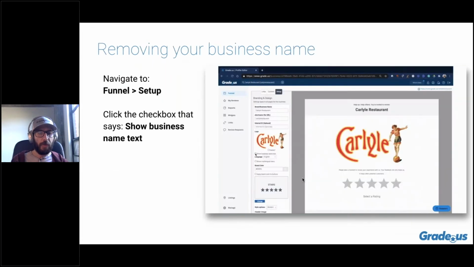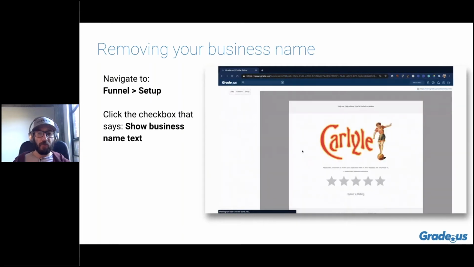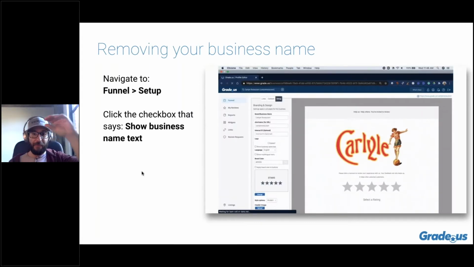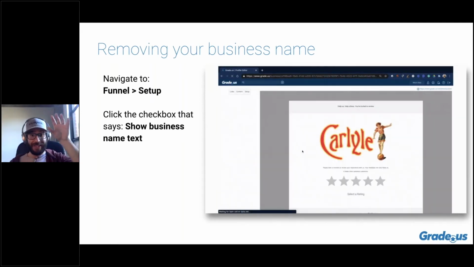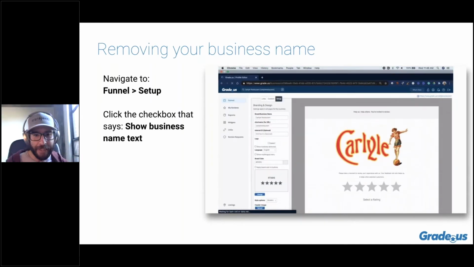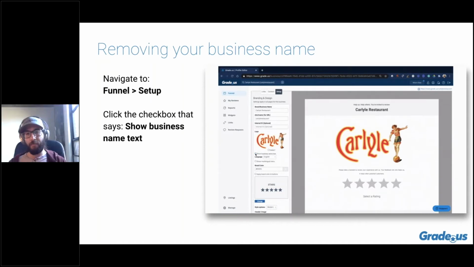Okay, next is removing your business name. As you noticed, when you set up a Gradeus profile review funnel, at the very top your name will appear in that font as part of the header. You can actually remove that. Go over to the funnel, go to the setup, and right beneath the logo, you'll see the option that says show business name text.